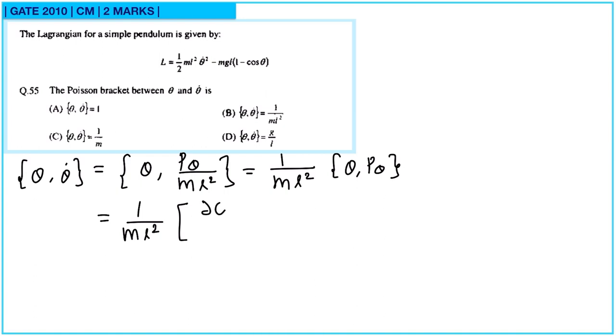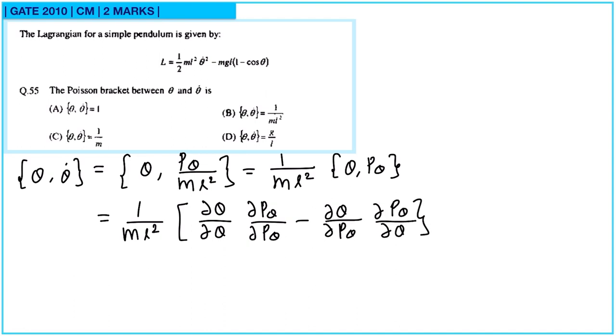So this is dou theta by dou theta, dou p theta by dou p theta, minus dou theta by dou p theta, dou p theta by dou theta. So the first part is 1, the second part is 0. So this is equal to 1 upon m l square. So option B is correct.